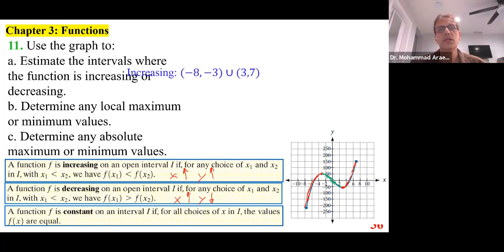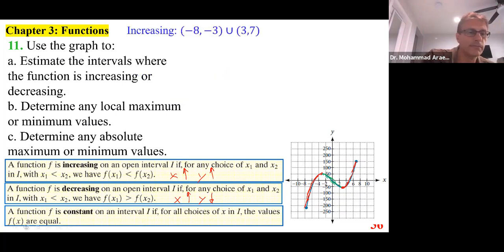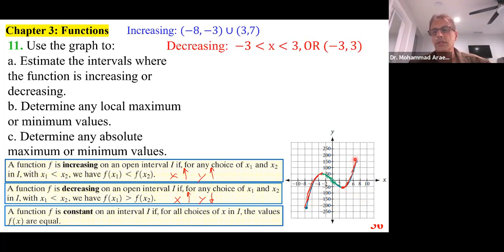So here's the increasing portion, increasing from -8 to -3 union 3 to 7. Decreasing from here to here, -3 to 3.